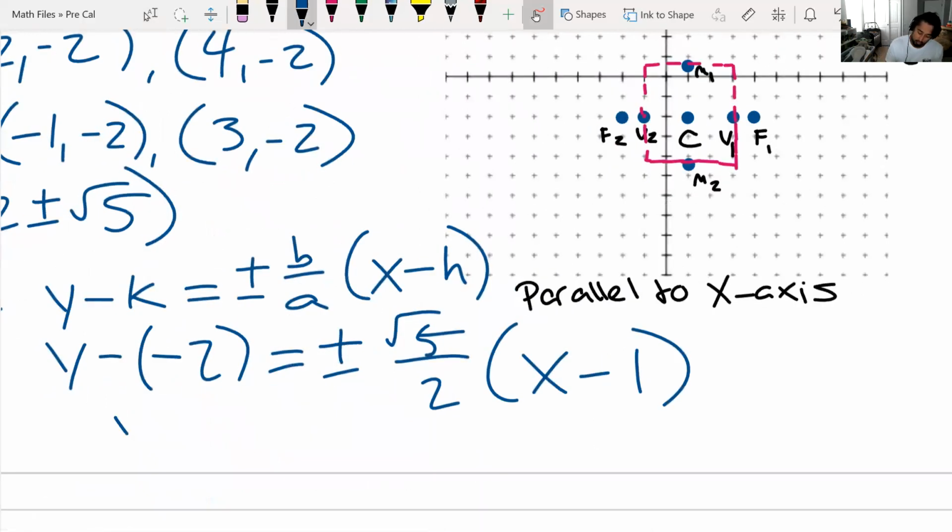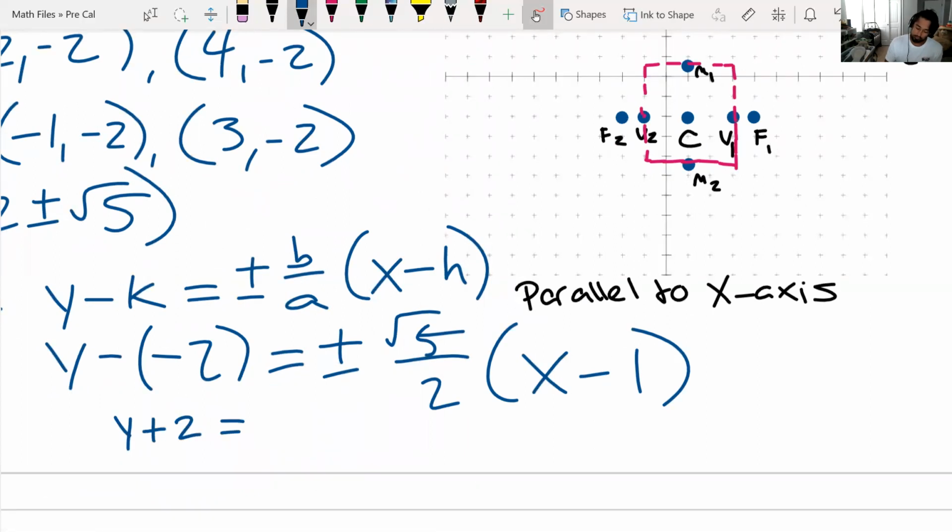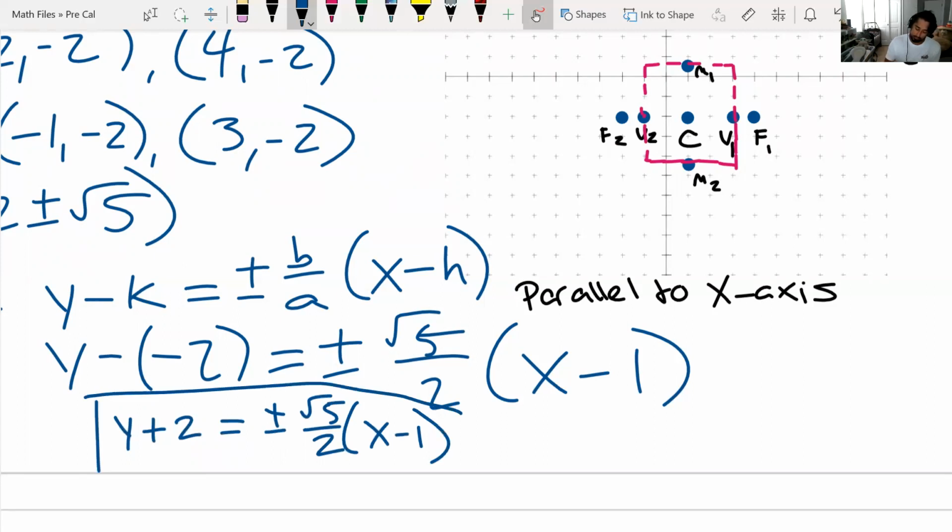So we should get y plus 2 equal to plus or minus the square root of 5 over 2 times (x minus 1). And this line would represent the asymptotes that cut through the center of my hyperbola.